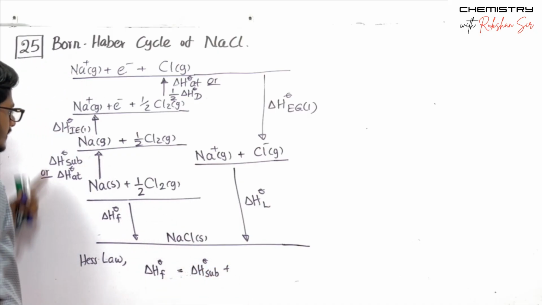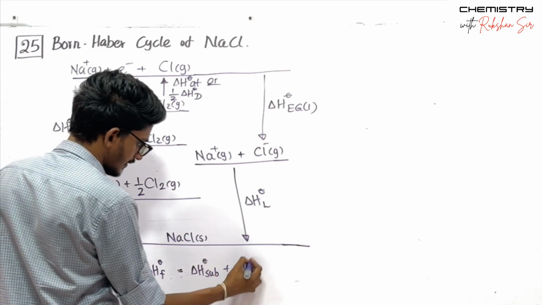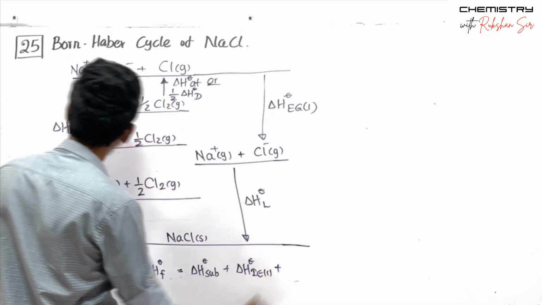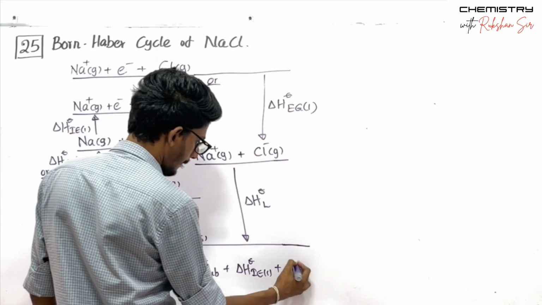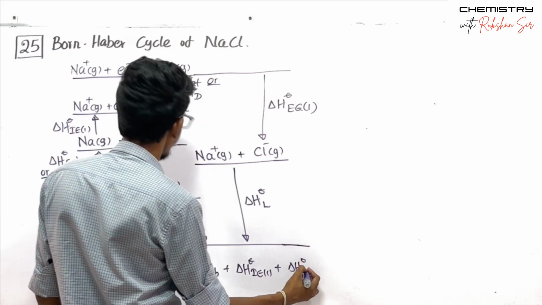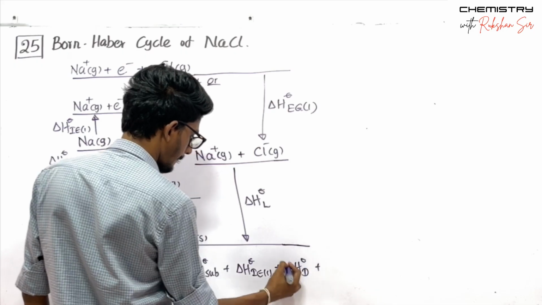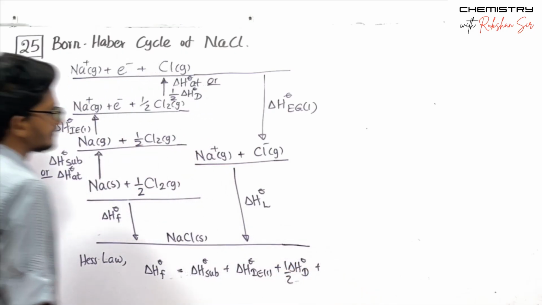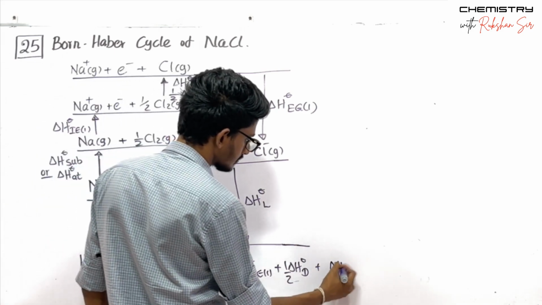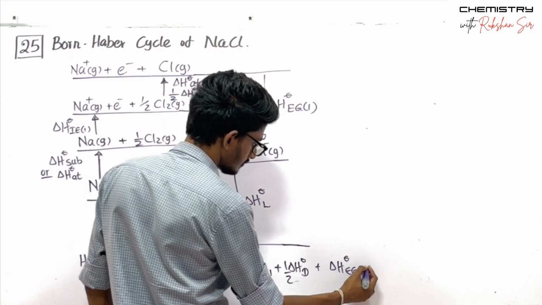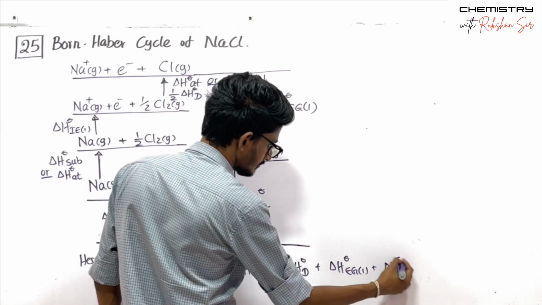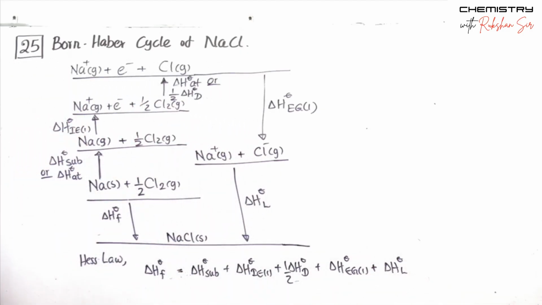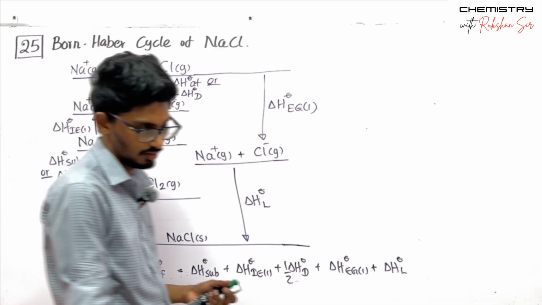It is not needed in this question, but just for the completion of what we had done, I just write it. Okay, so this is the Born-Haber cycle concept for NaCl.